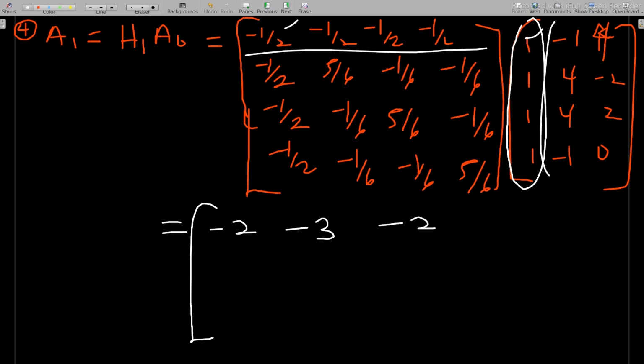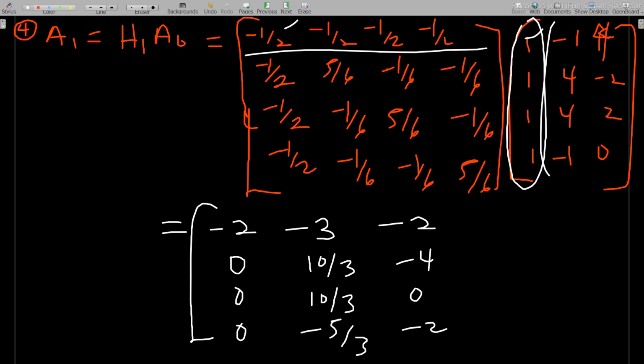Then you pick the second row, multiply to the first column, and that will be the first entry of the second row of our final answer, and this will be 10/3. You go through the process like I said. -4, this will be 0, 10/3 again, 0, 0, -5/3, and -2. If you go through the process, you'll be able to get these values.